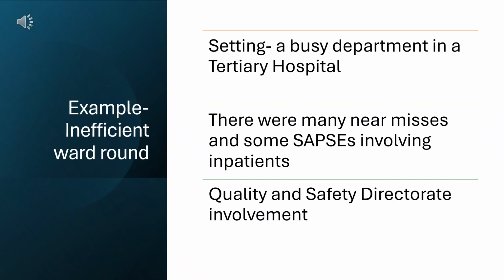Let's take a real-time example. In this setting, there was an inefficient ward round practice in a busy tertiary hospital. This resulted in many near misses and some sepses involving inpatients, and the Quality and Safety Directorate got involved.